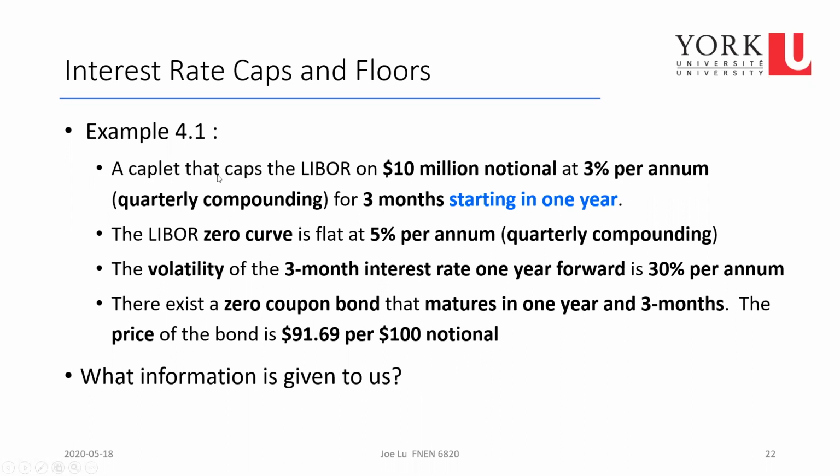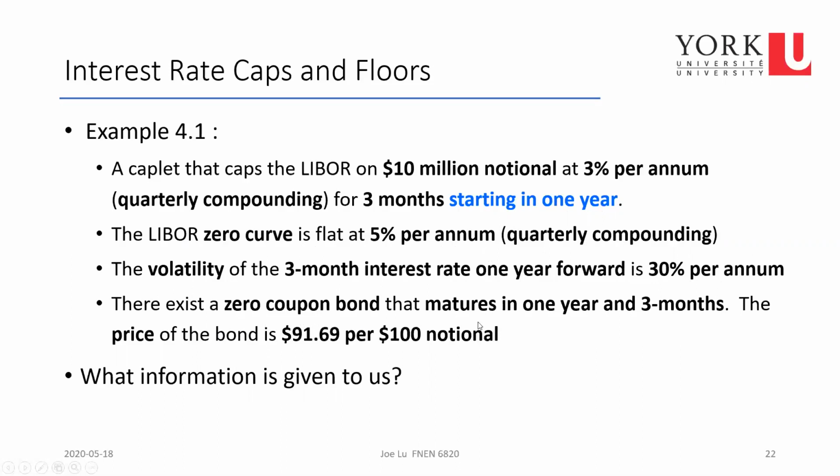So the cap rate is 3%, and this caplet is for a 3-month period, starting in 1 year, and the floating rate discounting rate here is flat at 5%, quarterly compounded. And the volatility of the 3-month interest rate 1 year forward is 30% per year.